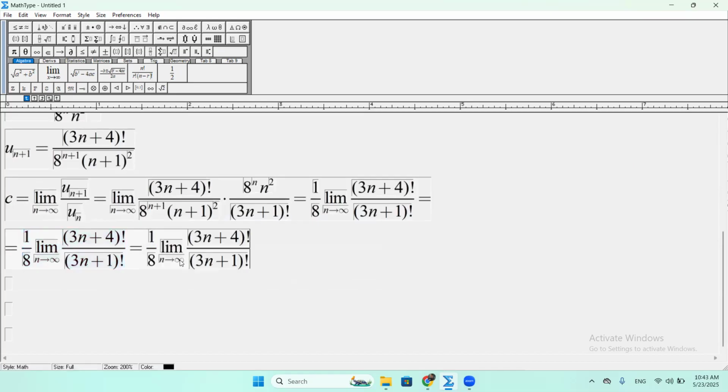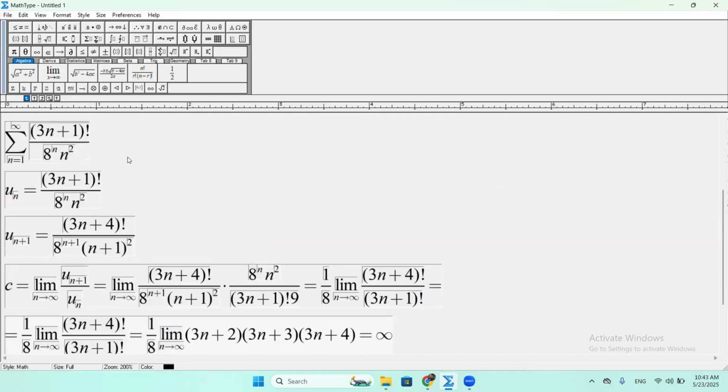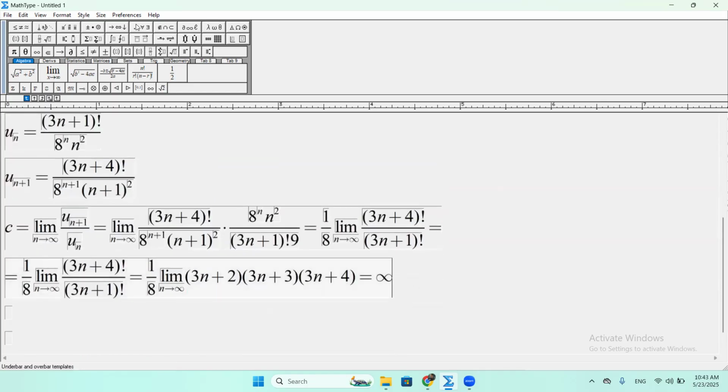The factorial will be cancelled, and there will be no fractions. What I will have is 3n plus 2 by 3n plus 3 by 3n plus 4, and it will be equal to infinity. So it means that the initial series is divergent, according to the D'Alembert test.